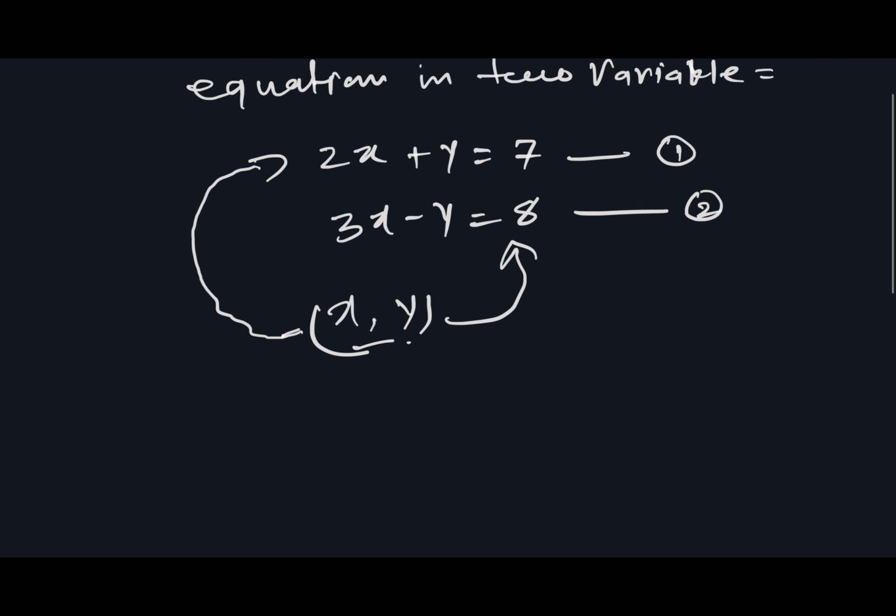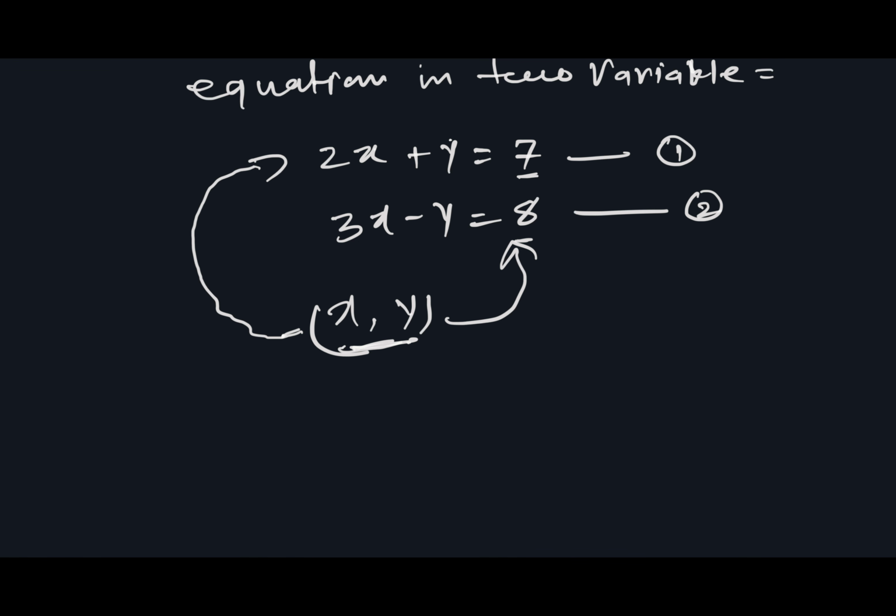Satisfy means the value of LHS is equal to RHS. So if we put the values of x and y in equation 1, we will get 7. Similarly, if we put the same x, y values in equation 2, we will get 8.